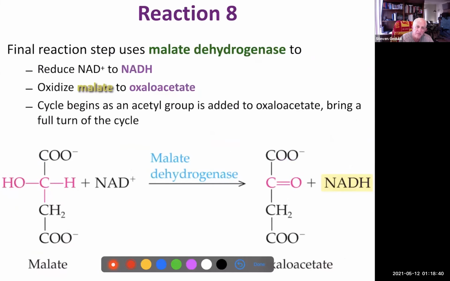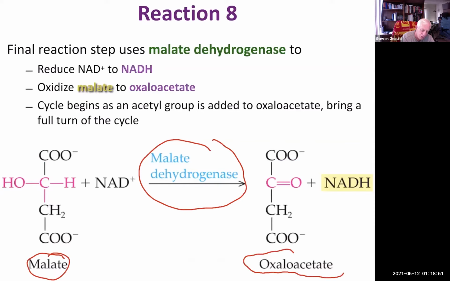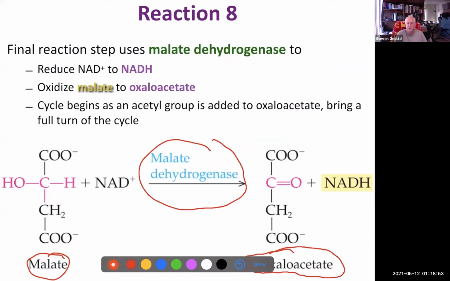Reaction 8, the final reaction step, uses malate dehydrogenase. There's your malate, and guess what it produces? What we started with, oxaloacetate. So we regenerate what we began the cycle with, so the cycle can continue. You start with it, use it, and then regenerate it at the end, so we can reuse it again. That keeps the citric acid cycle steady.